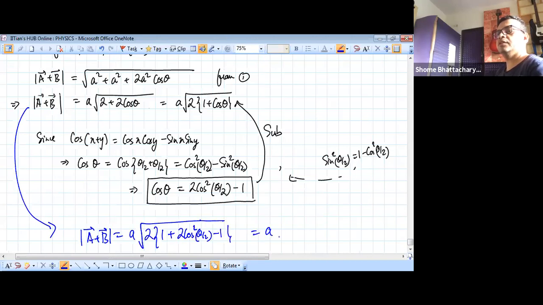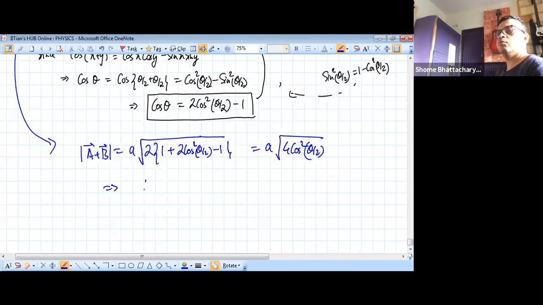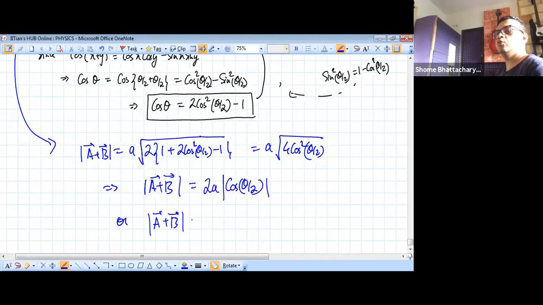So it becomes A into square root of 4 cos square theta by 2. So magnitude of A plus B, technically it becomes 2A mod cos theta by 2. Okay. But here we can just write it as 2A cos theta by 2 only, because our cos theta by 2 will be a non-negative quantity. Okay.